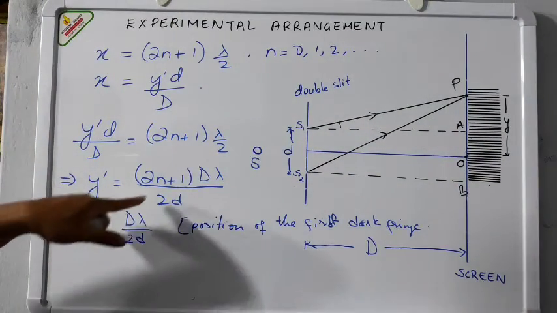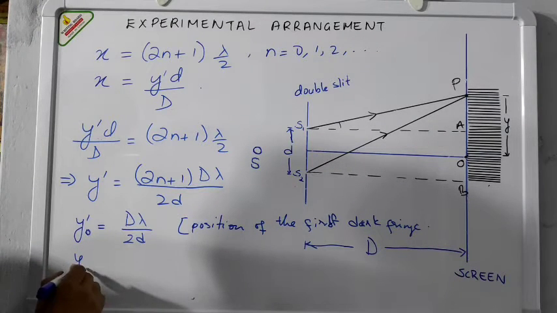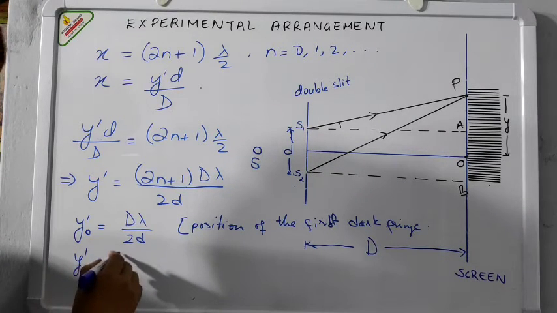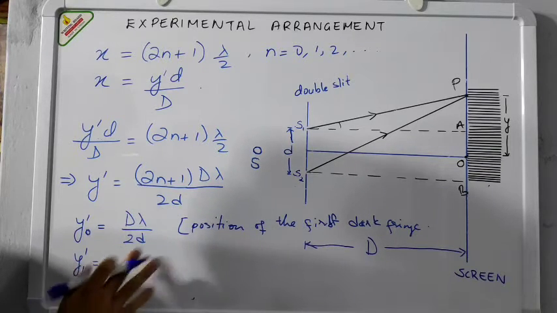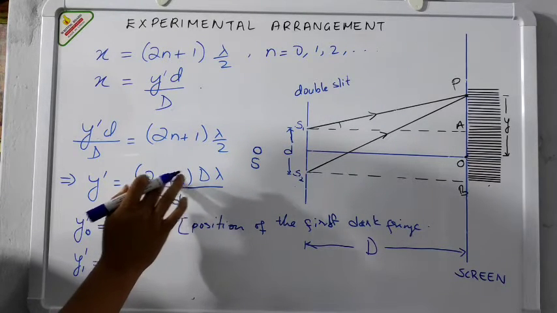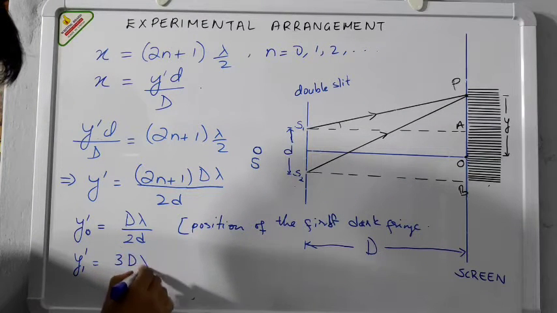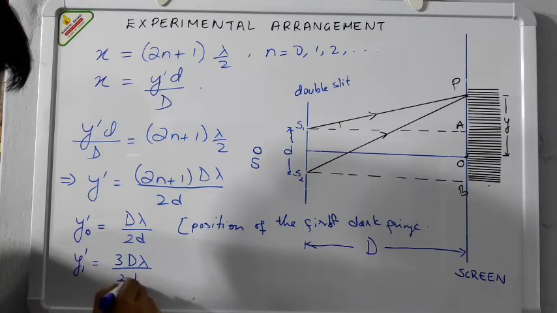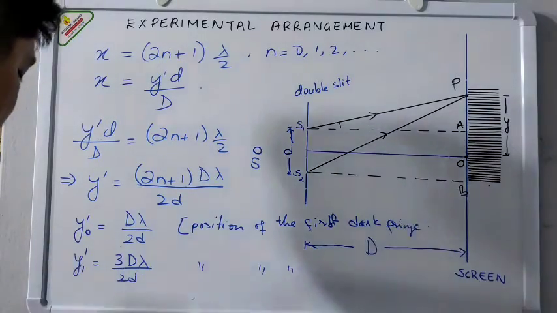And if we put n equals 1, we will get y dash 1 as (2 into 1 plus 1), 3, so 3D lambda by 2d. It is the position of the second dark fringe.